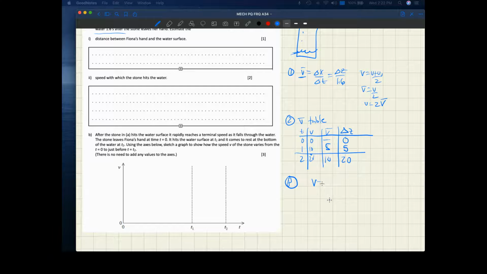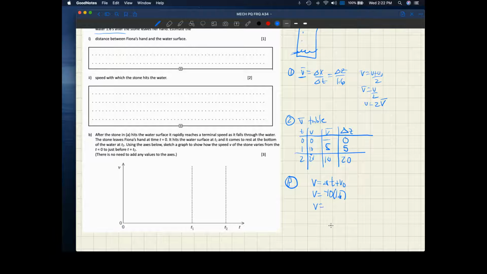So step 3 is v equals a t plus v0. And our acceleration is minus 10. We have 1.6 seconds.